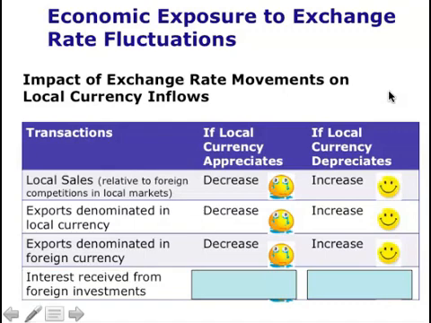Interest received from foreign investment. You make an investment in a foreign country, so you will receive interest. So what happens in this case if the local currency appreciates? Are you going to receive more local currency or less local currency?